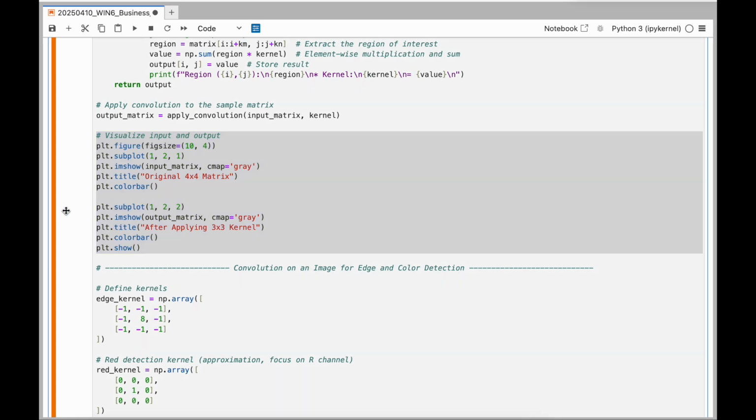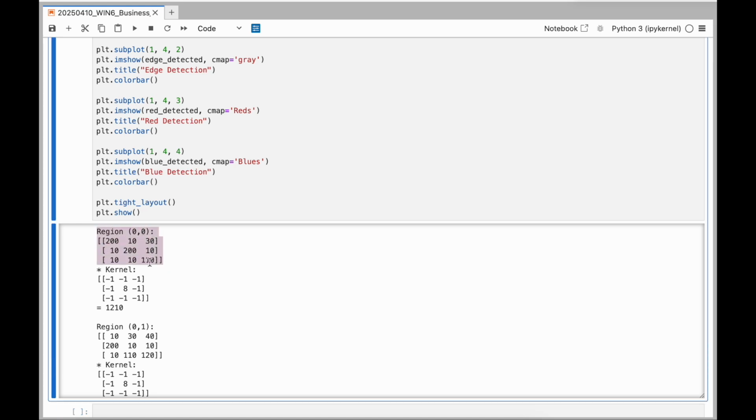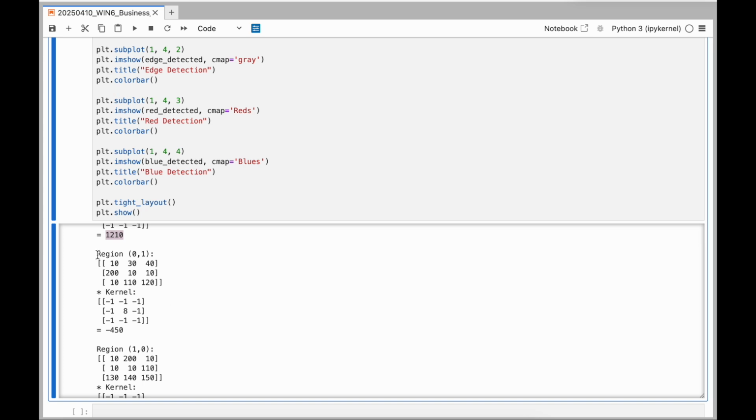So what we get from this is, like we have the image. We apply the first kernel, and we get this number, which is very high, so it's going to be white. The next, we move our window, we apply the kernel, and we get a very negative number, so it's going to be black, and so on.